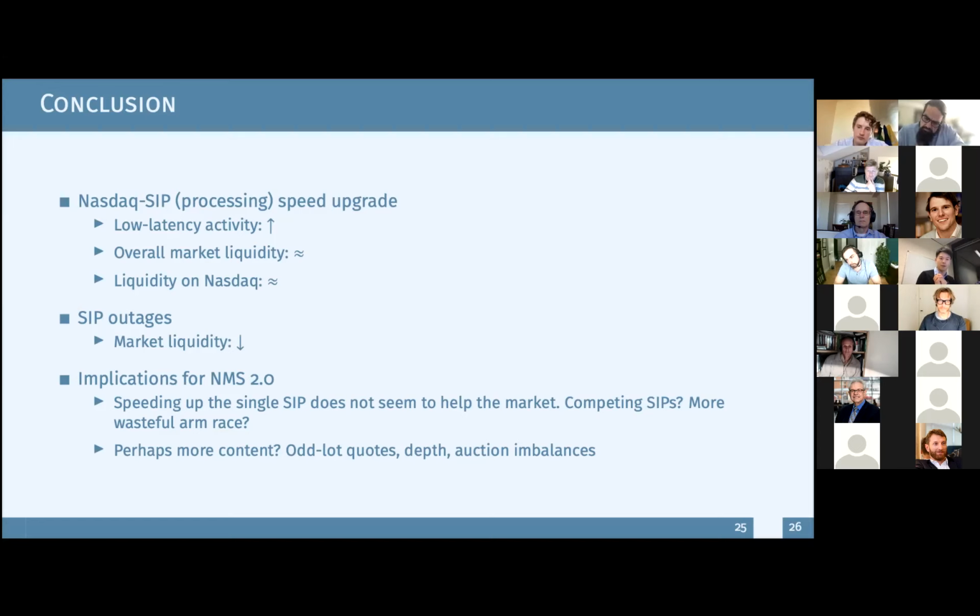As you said, the regulatory messages also come from the SIP, and then the HFTs must also pay attention to those messages. But I think the good result is that you don't see a simultaneous effect of the SIP outage on all stocks, but you see the affected stocks first and then the others.